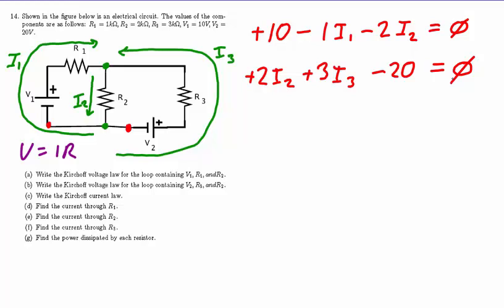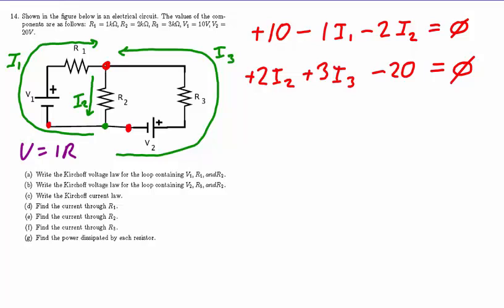Therefore, it is no longer valid to write an additional loop equation because it will not be an independent equation compared to the ones we already have. We are left, therefore, in finding our third equation in three unknowns to reference the junction equation. And we're going to take the top junction.